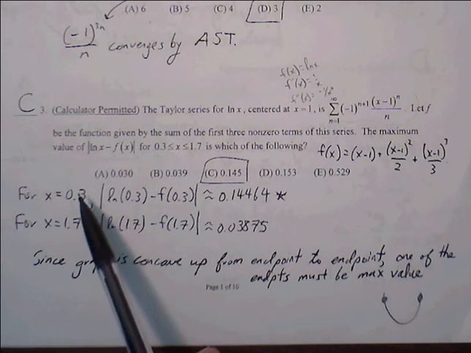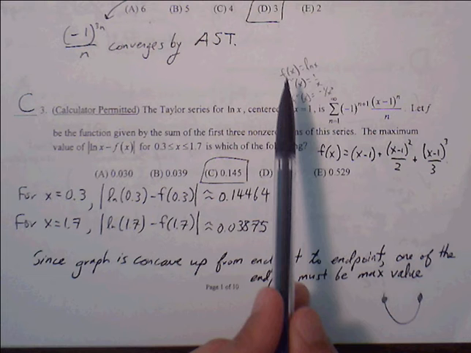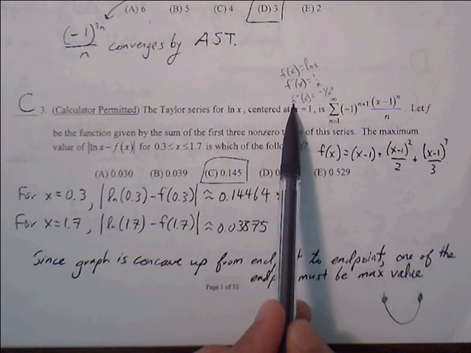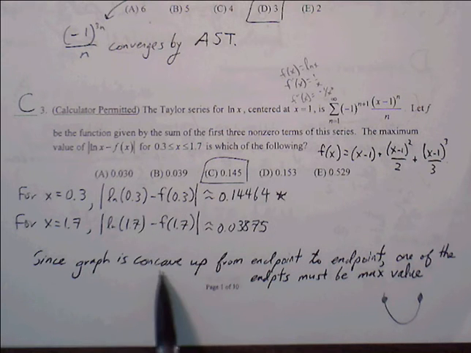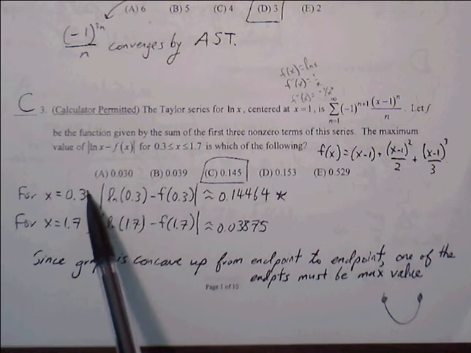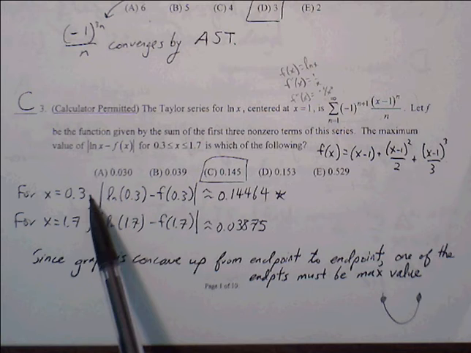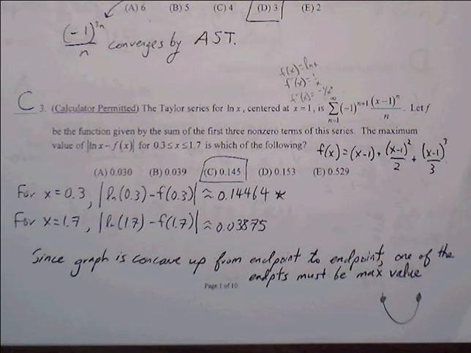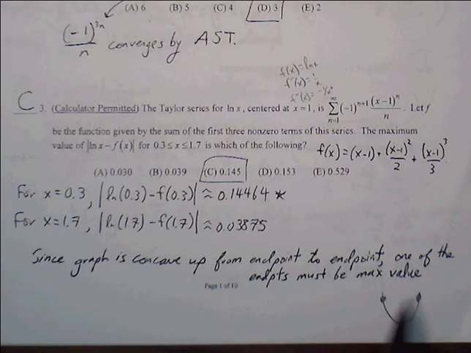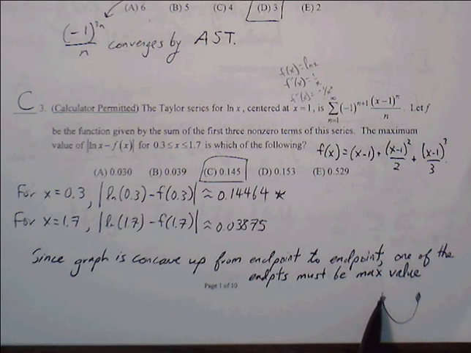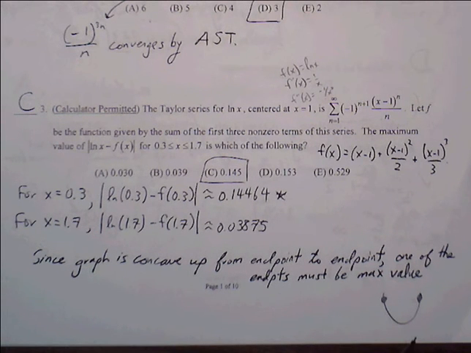And the reason is because with this natural log function, if we find the second derivative, negative 1 over x squared, the graph is going to be concave up from one endpoint to the other. So we'll always be concave up through those points. And if it's concave up, then one of these two endpoints will be the maximum value.